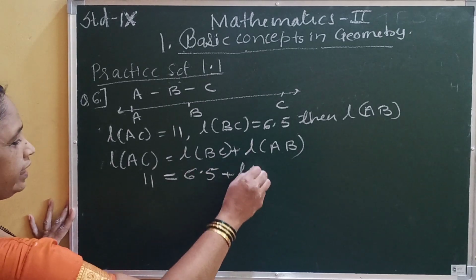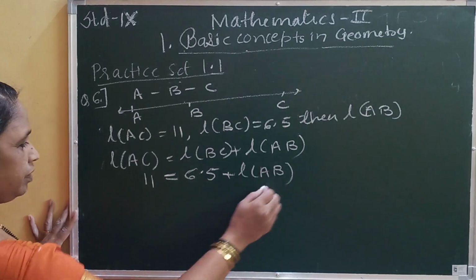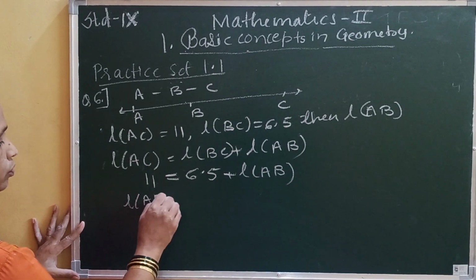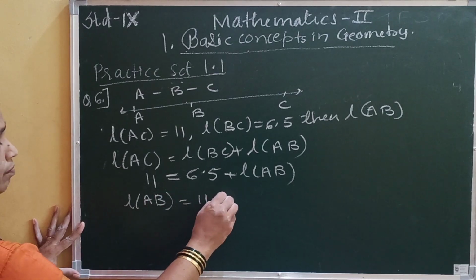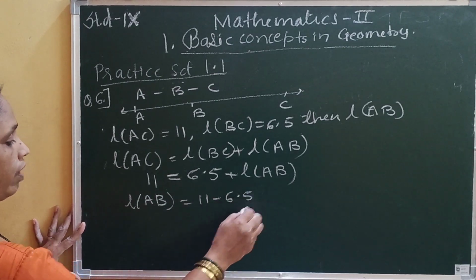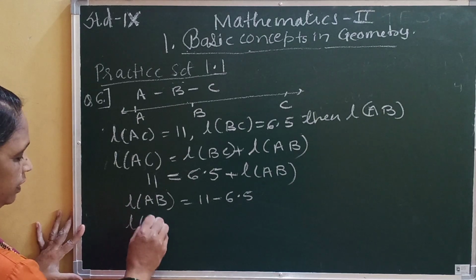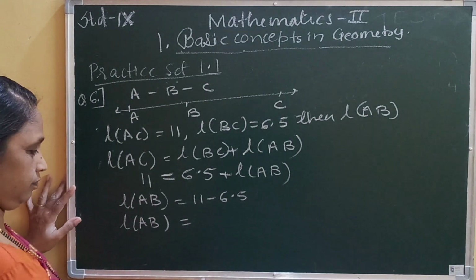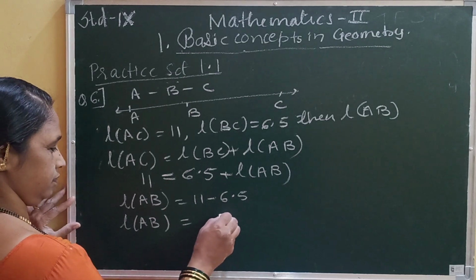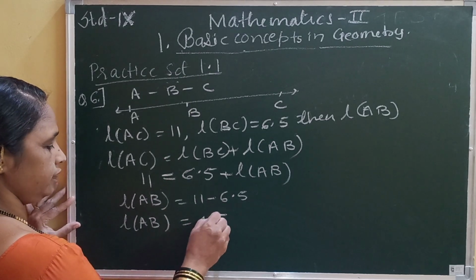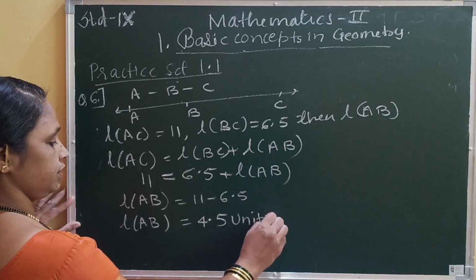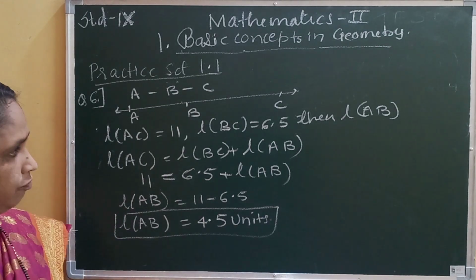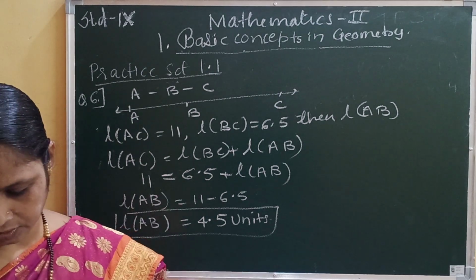We have to find length AB. So length AB is equal to 11 minus 6.5, which is 4.5 units. So length AB is 4.5 units. Draw the figure also.